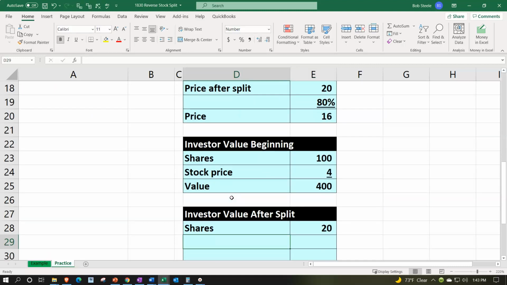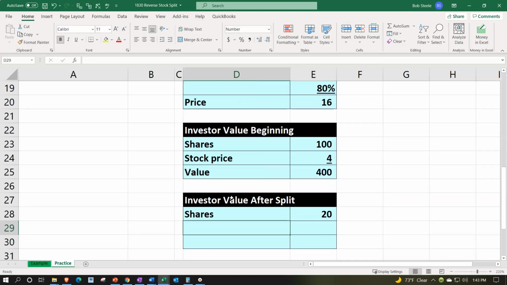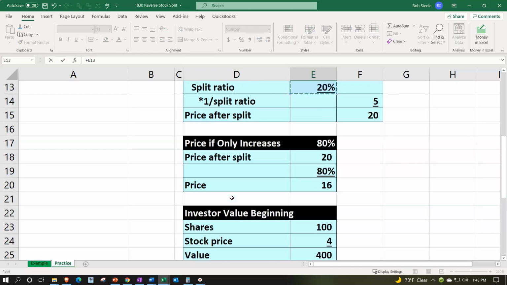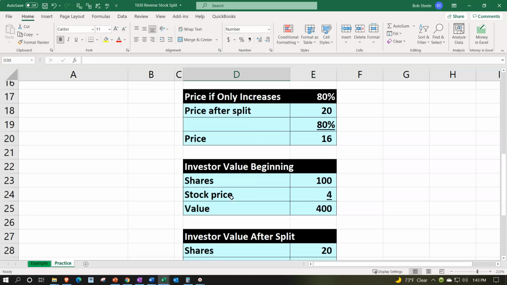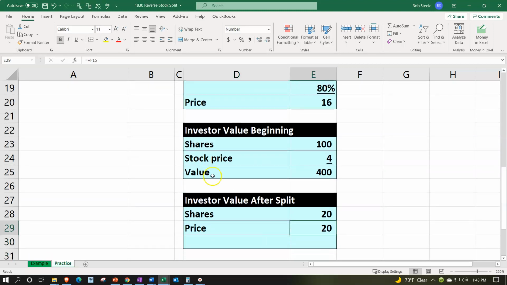Now we only got 20 shares when we had 100 before. But the price of those shares, if everything went smoothly in the market and the market didn't decrease the price due to this action, we're going to say it's at 20. 20 times 20, font group, underline, and that's going to give us the value, which would be the same.